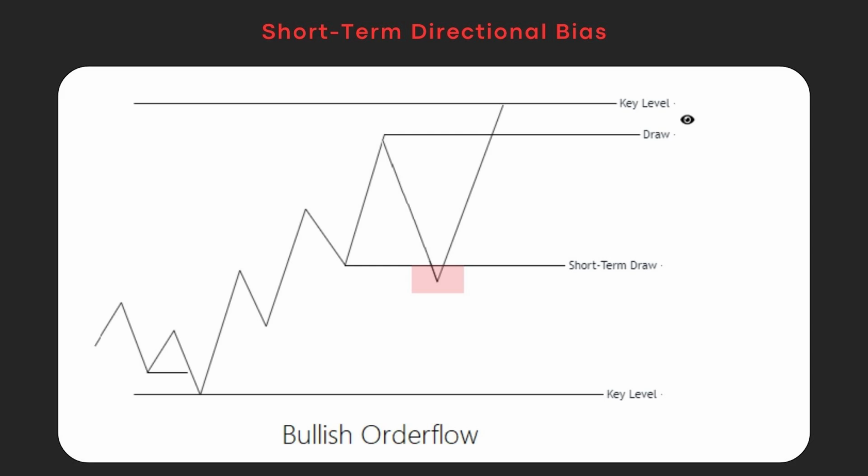That is what short-term drawn liquidity is, right? Knowing where price is going to go first, to make its immediate short-term move before making a major move towards the long-term drawn liquidity. And then once that short-term drawn liquidity is reached, your priority then becomes the long-term drawn liquidity.